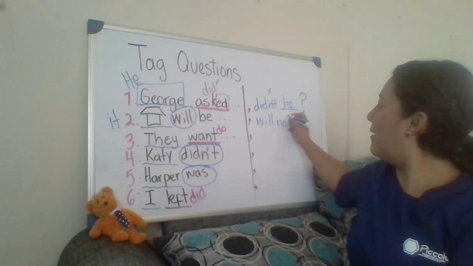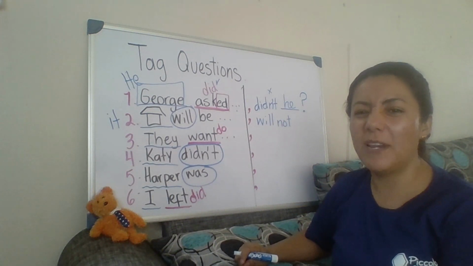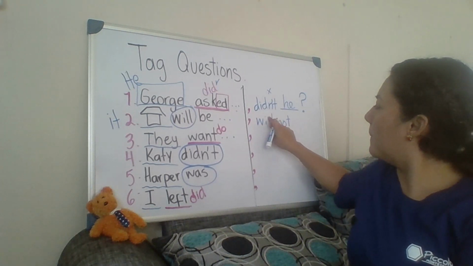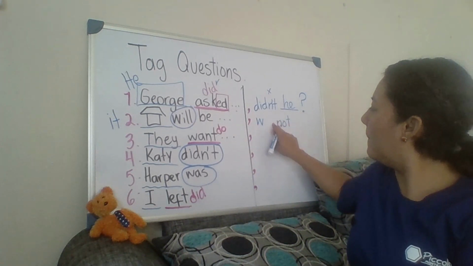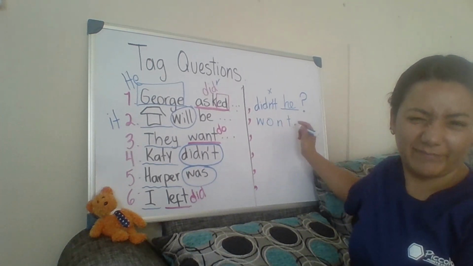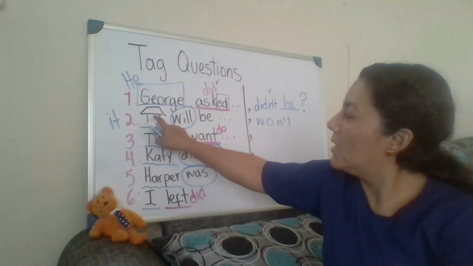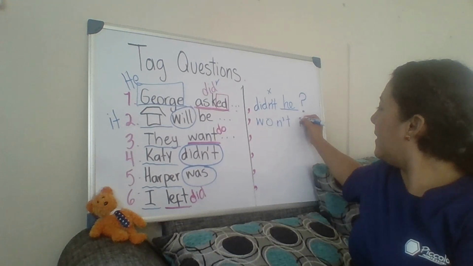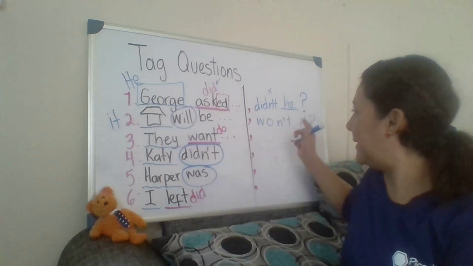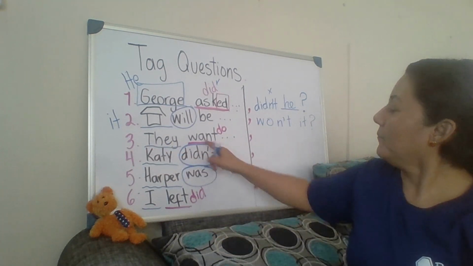Uh-oh. In tag questions, we need contractions. What is a contraction for will not? Won't. I bet you know this. Won't it? Because it. Okay?